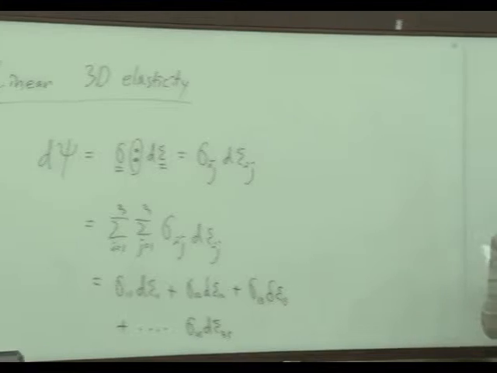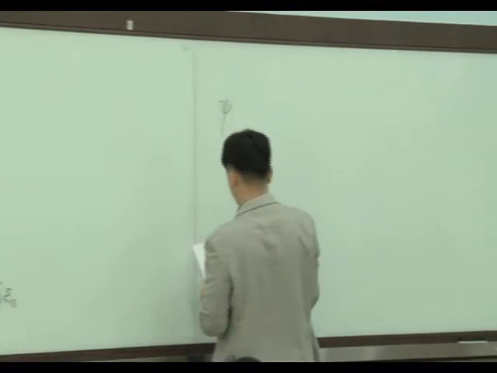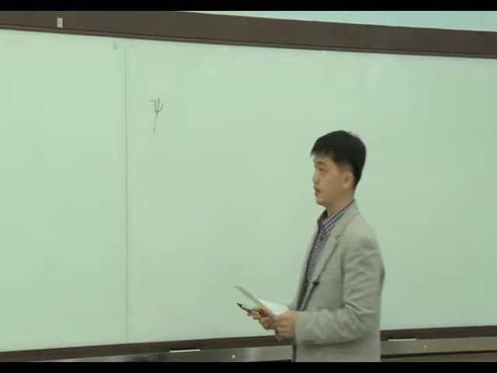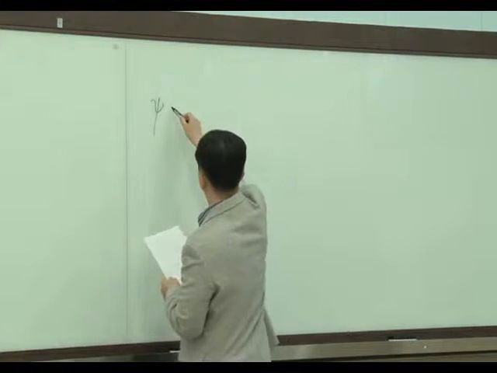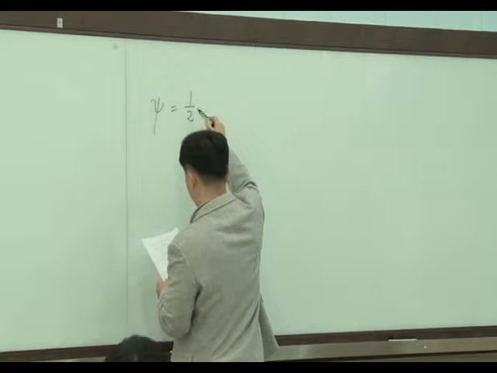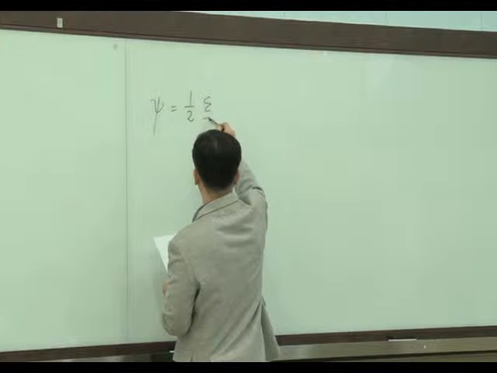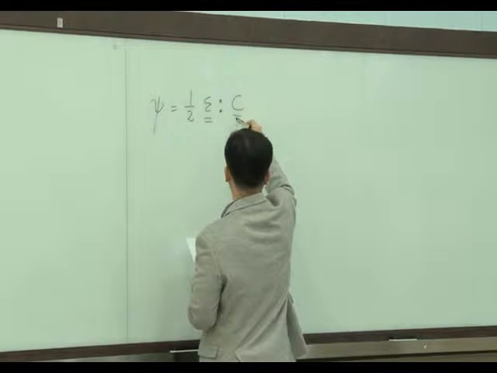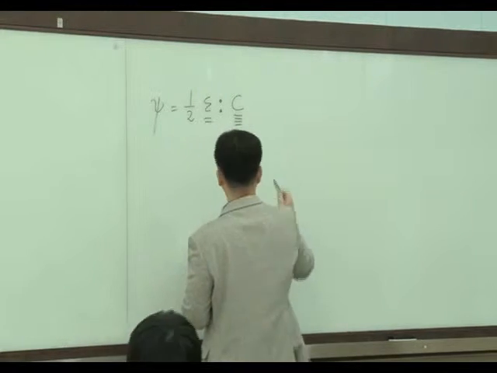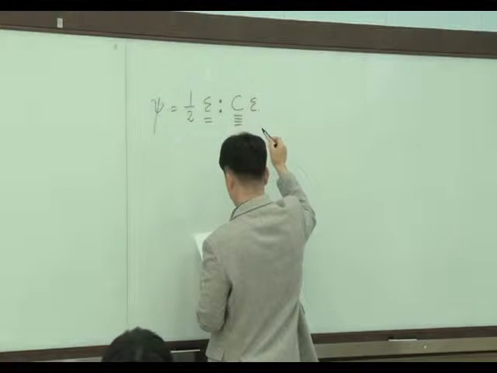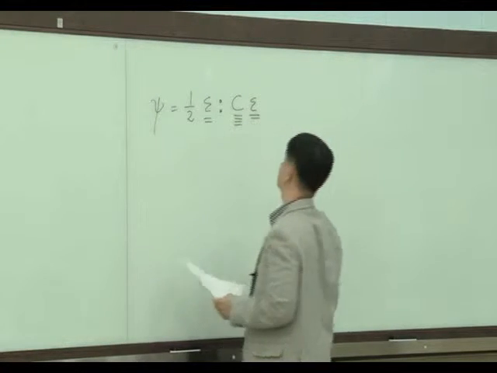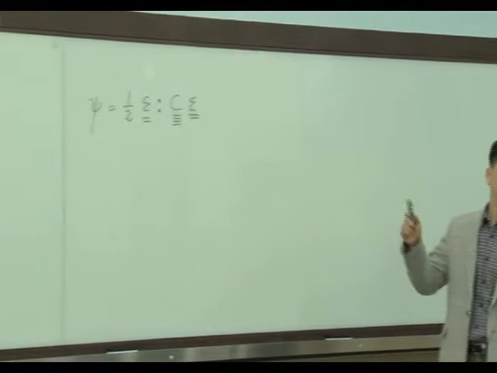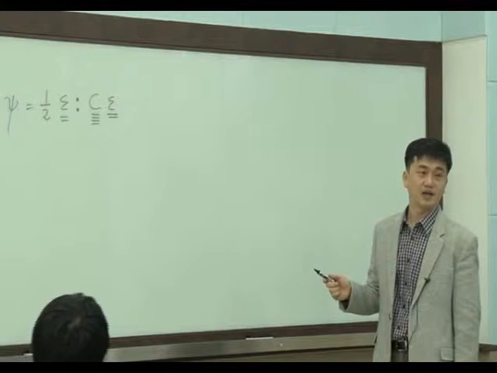And the total free energy can be calculated if we integrate that equation: 1 over 2. Here the C has a 4 on the bar, right?